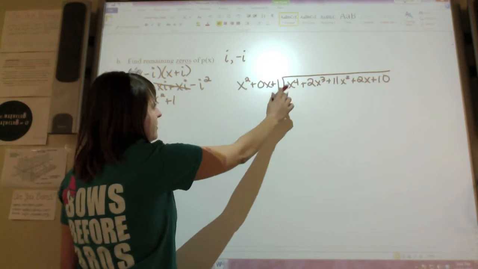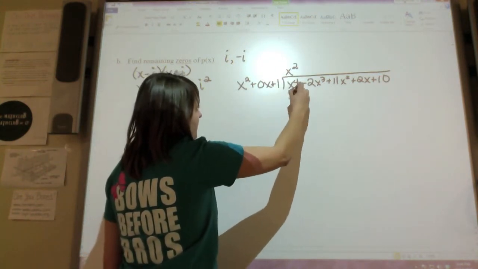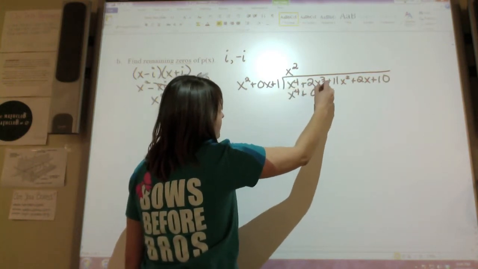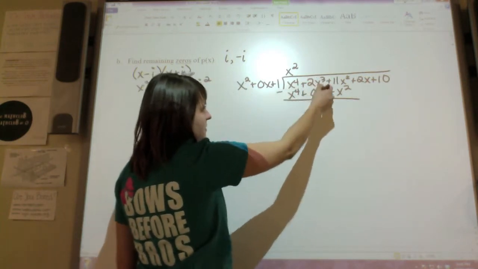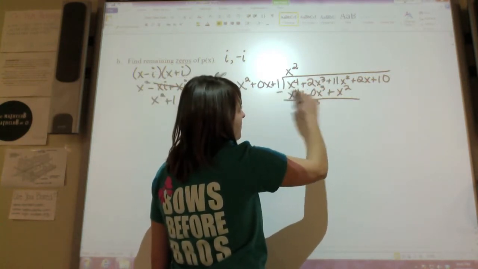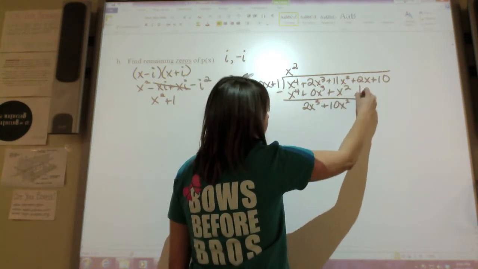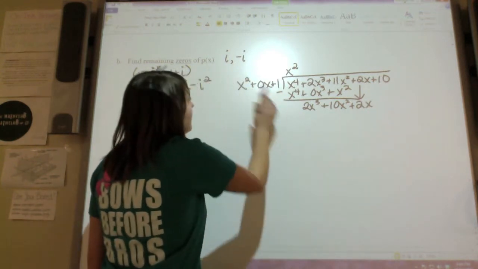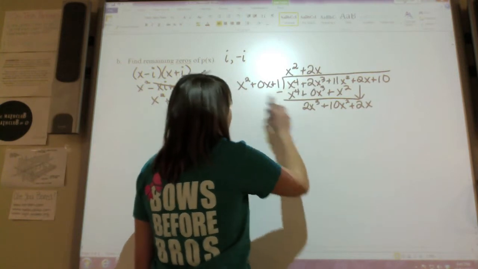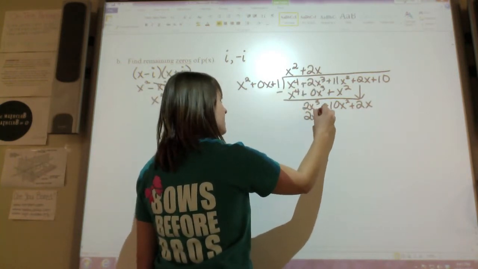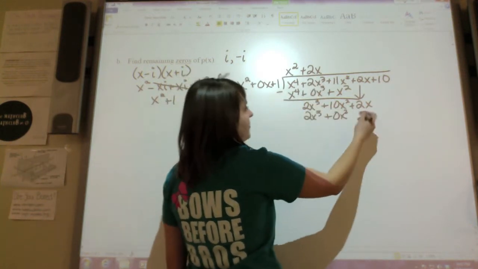So to get from here to here, I multiply by x squared. Then when I multiply this all through, I get x to the 4th plus 0x cubed plus x squared. And I subtract. This gives me 2x cubed plus 10x squared. I can bring this one down. To get from here to here, I need a 2x. And when I multiply this through, I get 2x cubed plus 0x squared plus 2x.